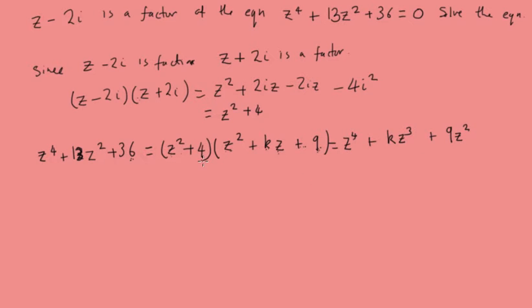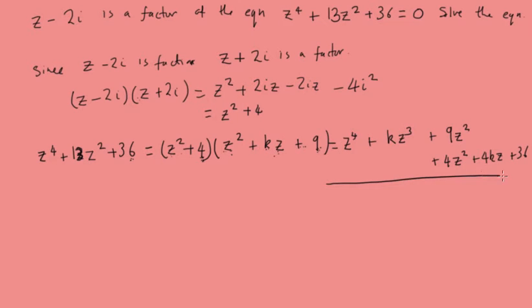Now we're going to have 4 multiplied by z squared, so that's going to come over here: 4z squared, then 4 multiplied by k plus 4kz, and then 9 plus 36.